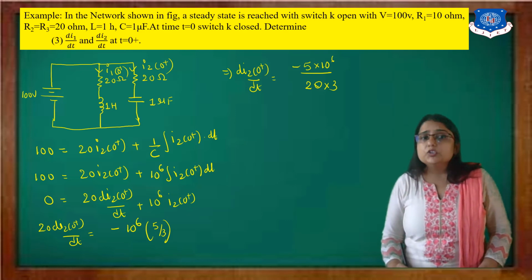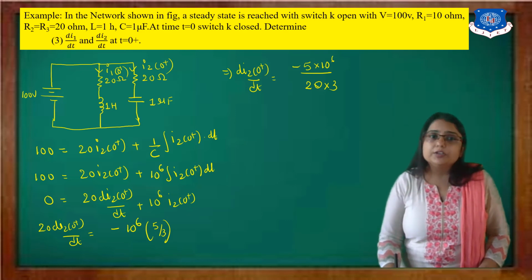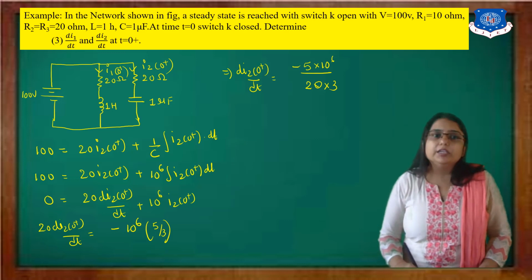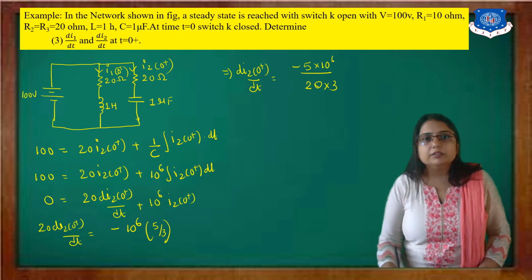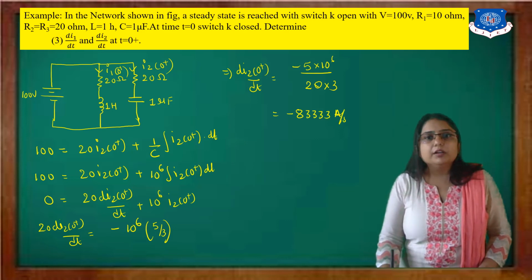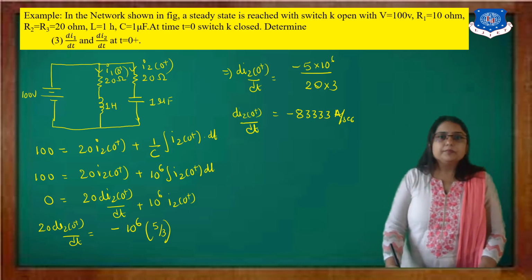See here, the numerator is 5 into 10 raised to 6 divided by 3, and this 20 goes to the denominator. When you solve this, you will get 8333 ampere per second. This is di2(0+)/dt.